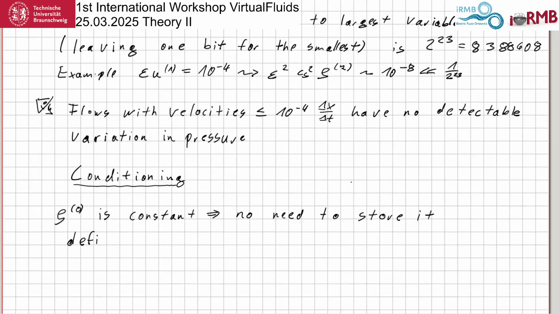You define delta Fijk equal to Fijk minus something that we call the weights. The weights are something that people who are using lattice BGK or single relaxation time methods know a lot about.